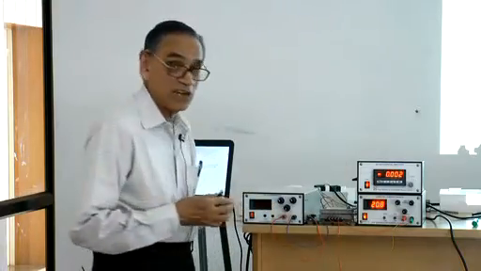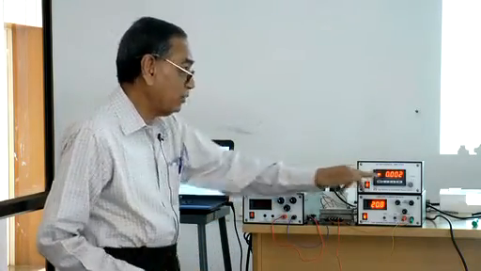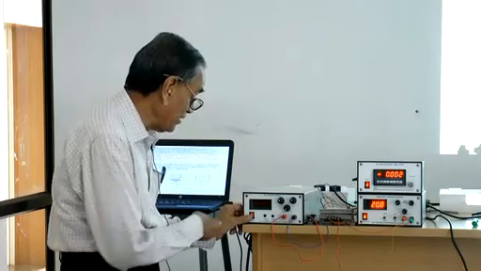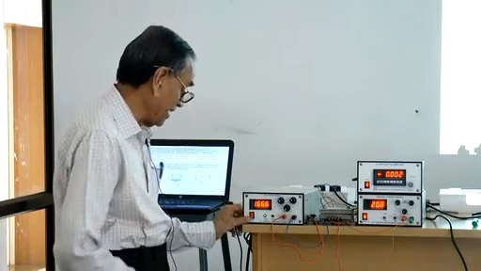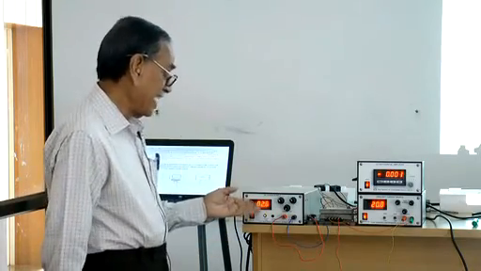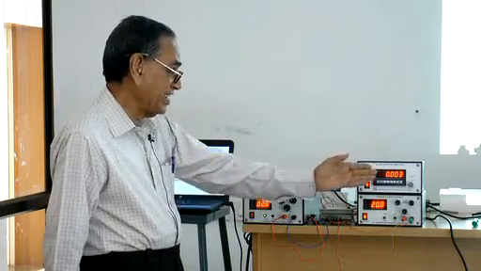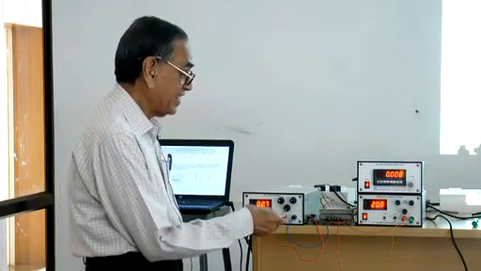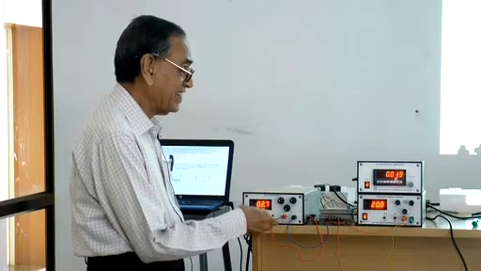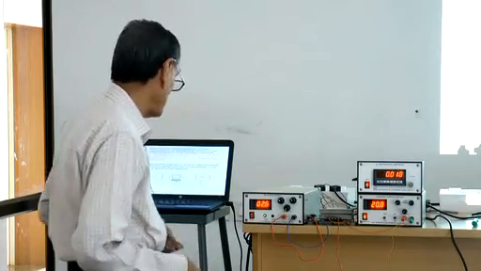This shows the chromel-alumel thermo EMF. I switch on the power supply, set a voltage of 2.6 volts, then the thermo EMF increases rapidly.